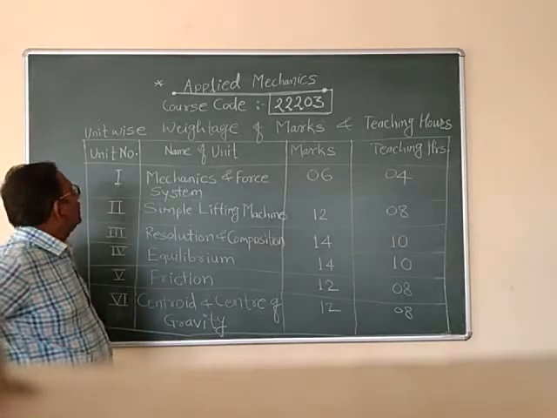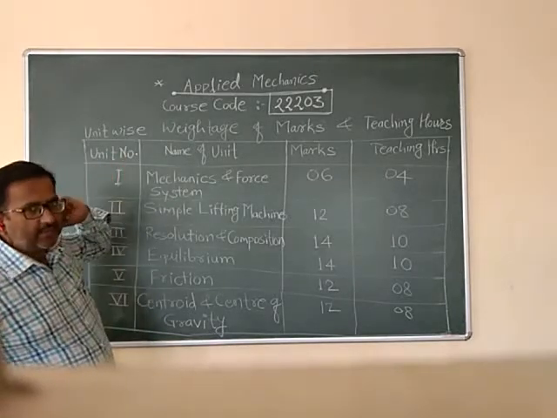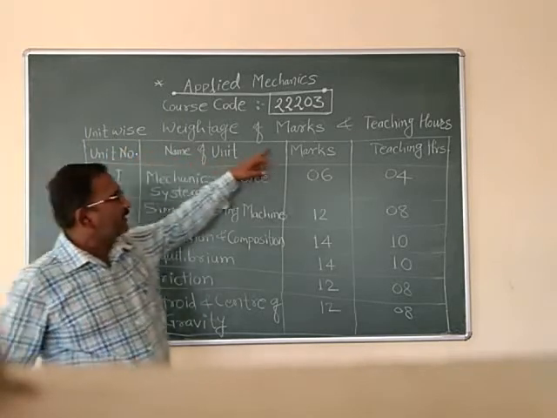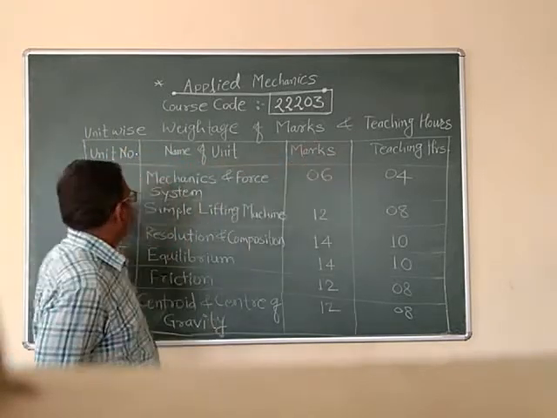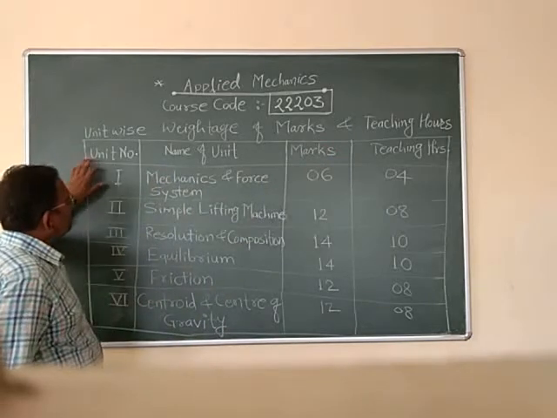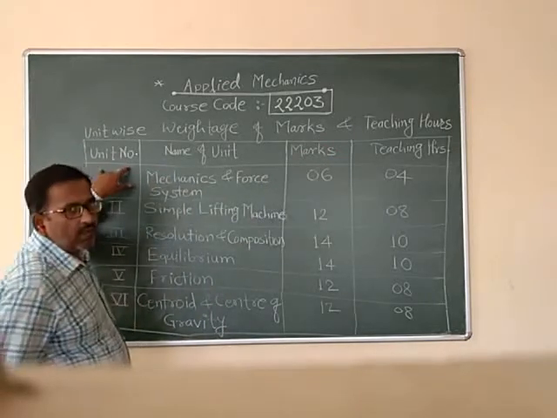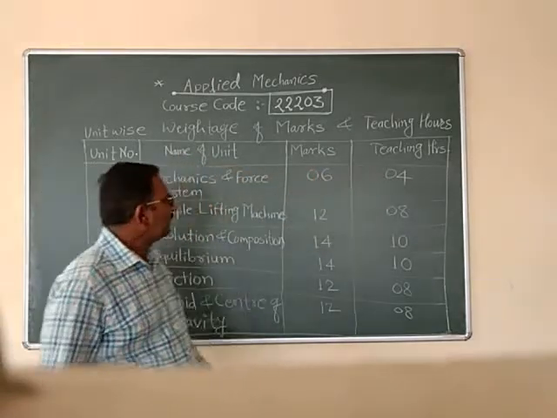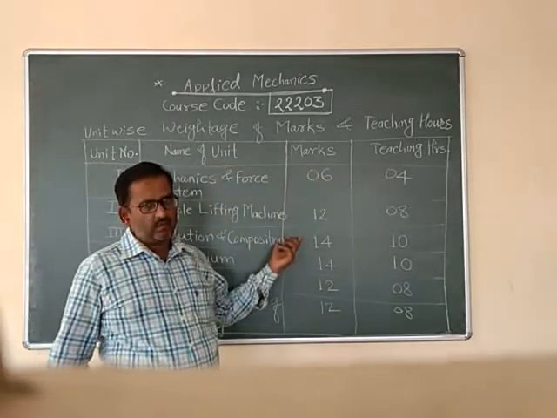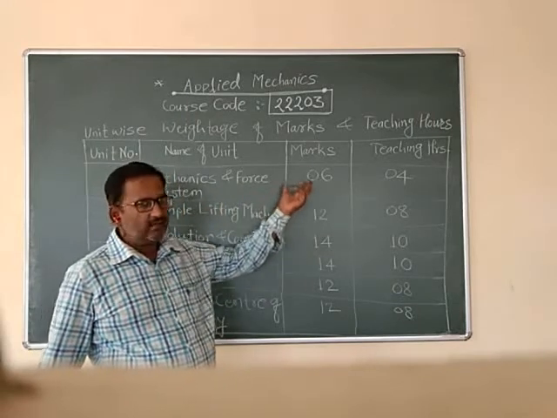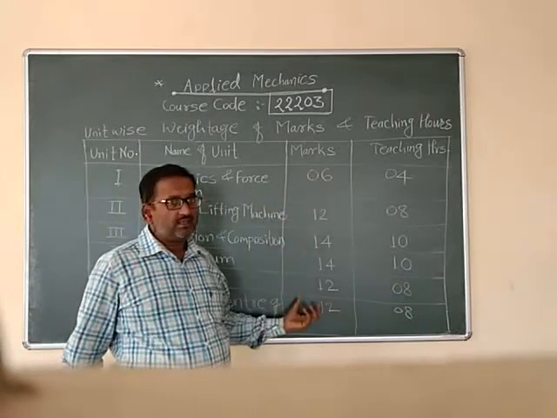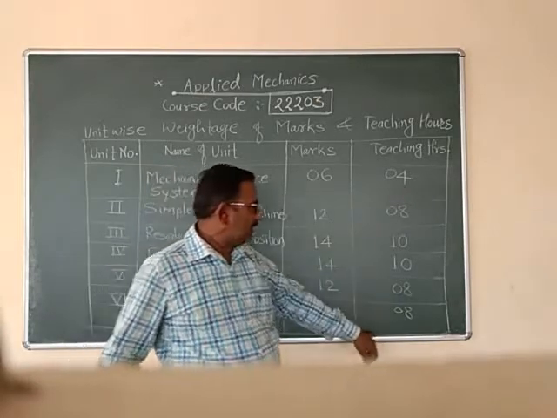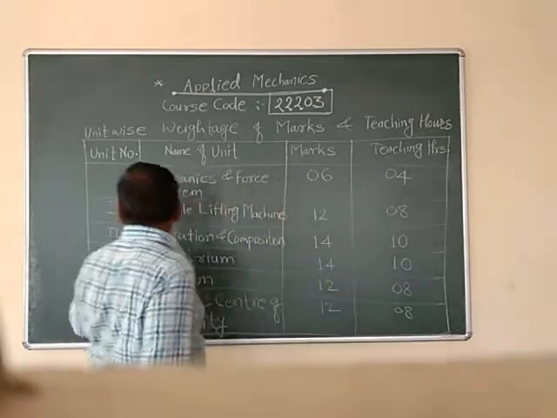Now after seeing the teaching and examination scheme, we have to see the unit wise weightage of marks and teaching hours. There are unit number, name of unit, marks and teaching hours. The total marks for the theory paper is 70 marks and total teaching hours is 48 hours.